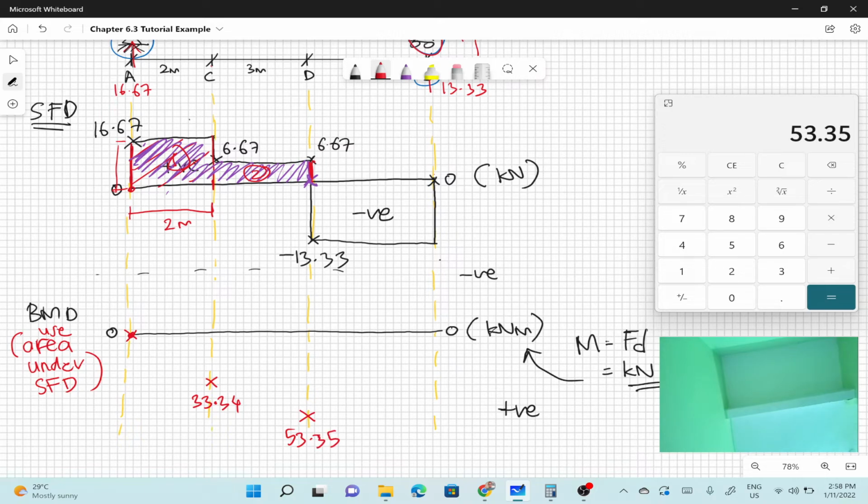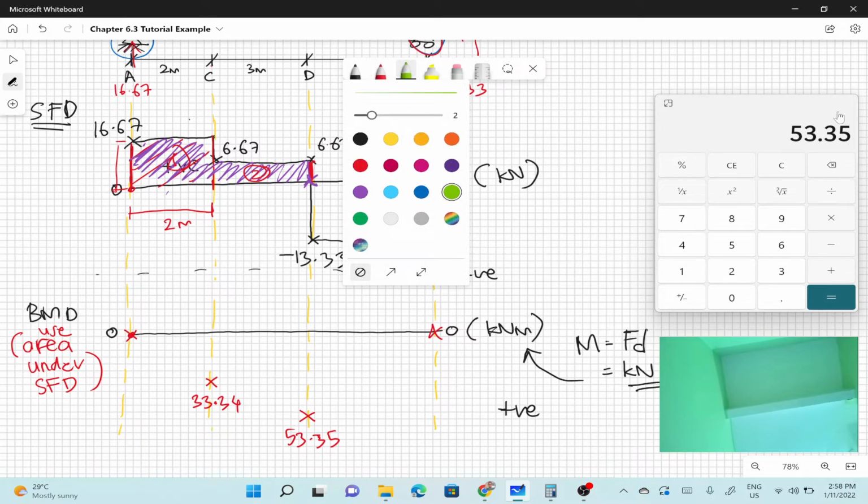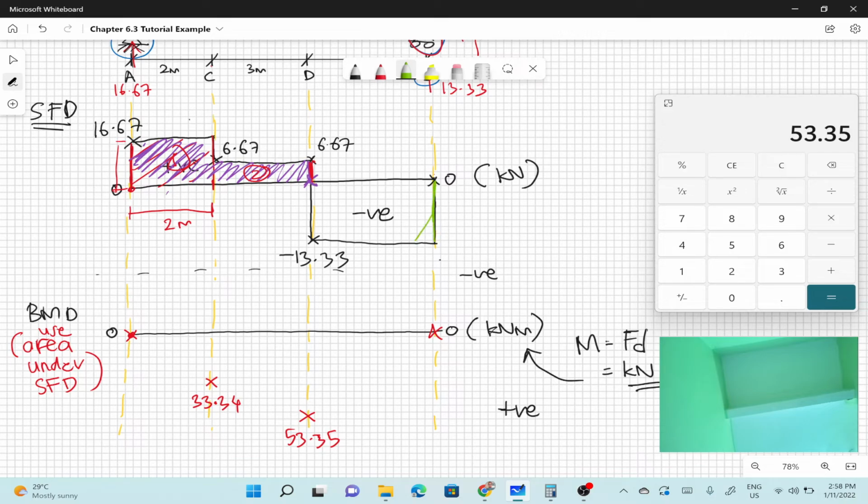Okay, and then we're going to calculate at point B. At this point B, we're going to use the whole area. Basically we have 33.34 here, and this area ended just now, but the total is 53.35. But we have to include this area here. Remember that it is negative.